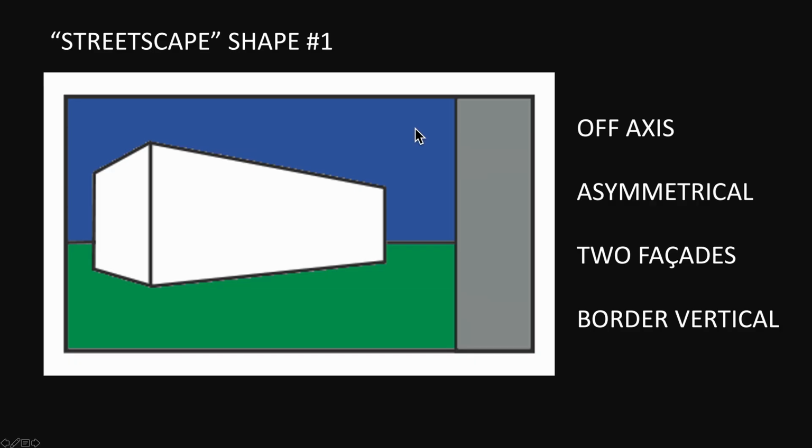Now, this is Streetscape number 1, and that is where you use what we've had before: off-axis, asymmetrical, two facades, and a balancing border vertical. The border vertical is here to counterbalance the direction of this off-axis diagonal.